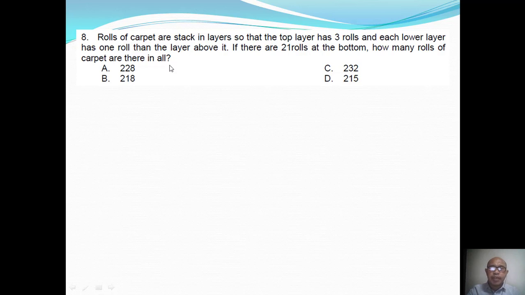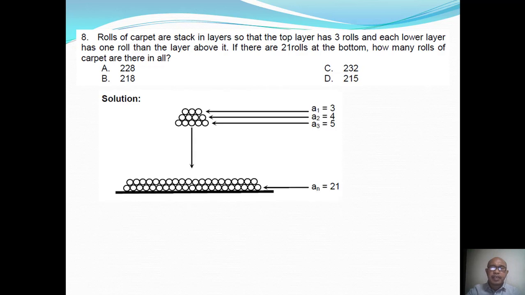So, if we draw the stack of carpet, we have here 3 rolls at the top, then in the succeeding lower layer, it is 1 more than the number of rolls on top. So we have 3, 4, 5, and so on. And then the last layer, which is at the bottom, has 21 rolls. So the question, how many rolls of carpet are there in all?